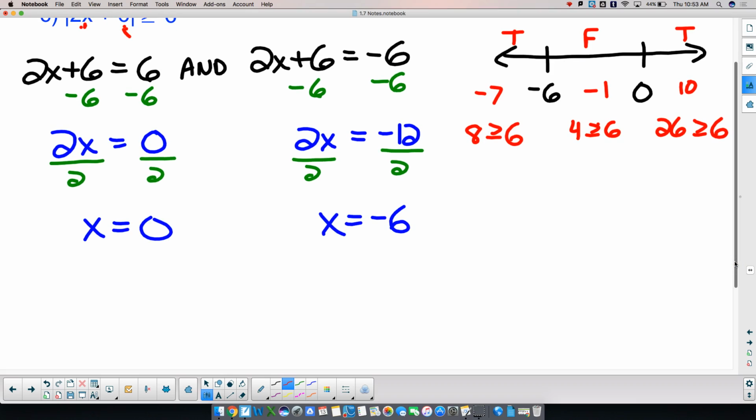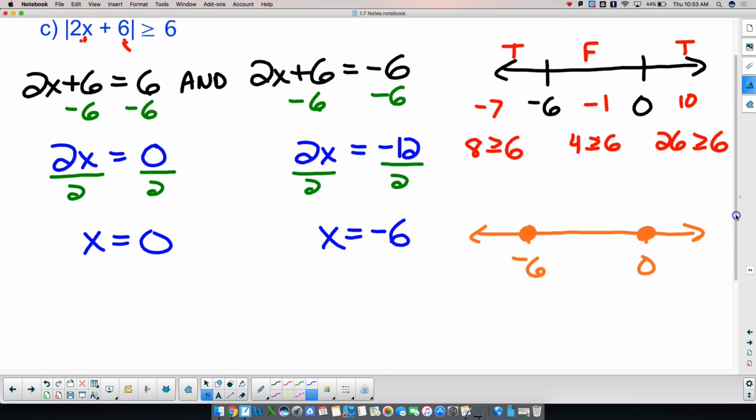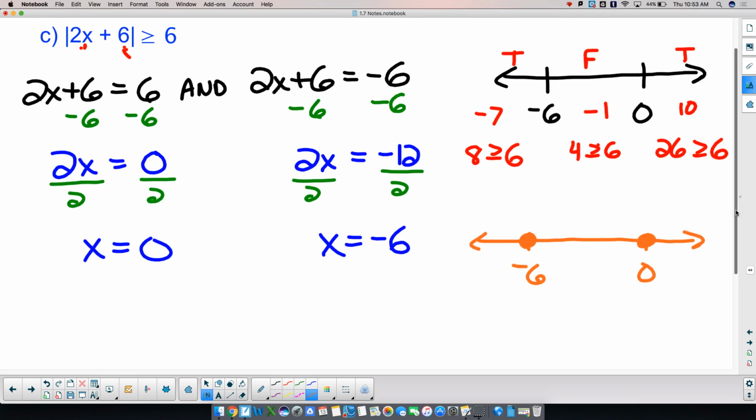Okay, so then my final answer is going to be negative 6 and 0. I'm going to go with filled in dots this time because of the greater than or equal to part right there. Okay?